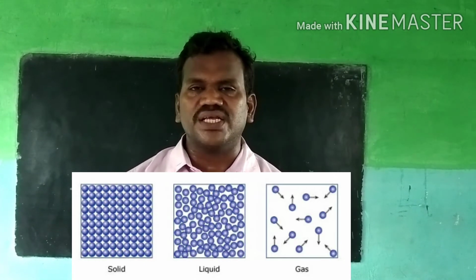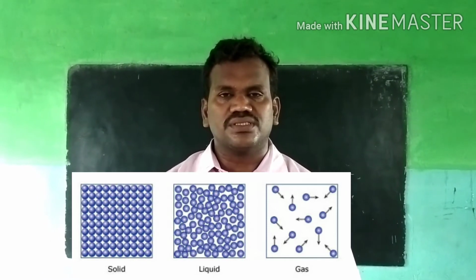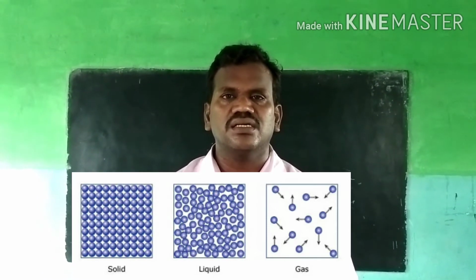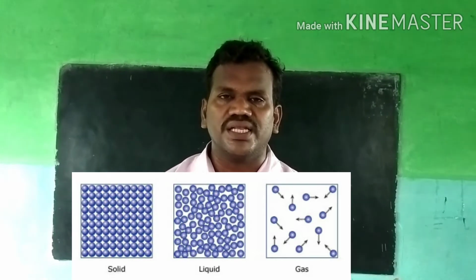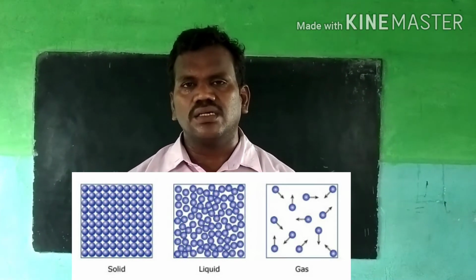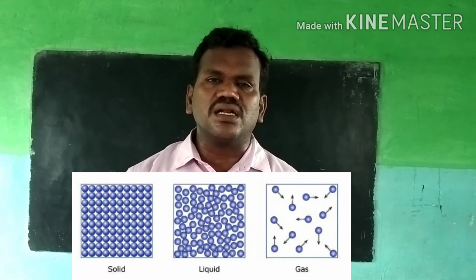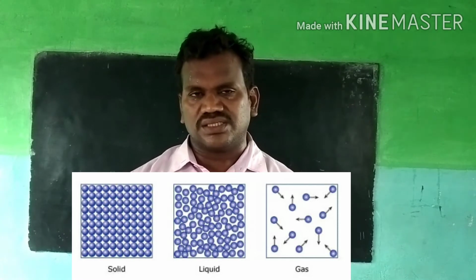From this activity we can say that there are certain gaps, certain distance between the particles of any kind of matter, either liquid or solid or gas. This space is called intermolecular distance.